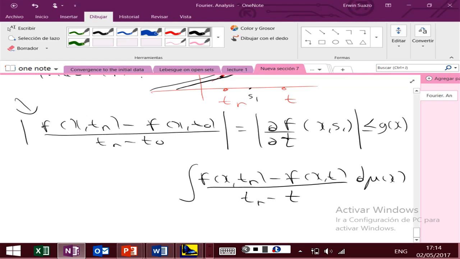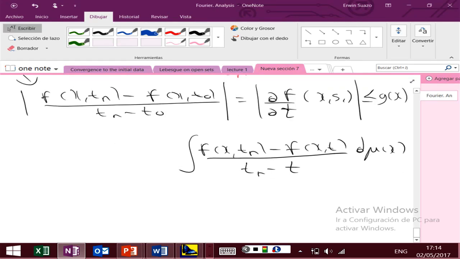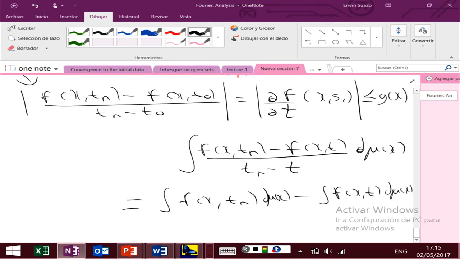Then, just for notation, to make it nicer and easier to explain, you can write this as the integral of f of x, t sub n d mu minus the integral of f of x, t d mu, divided by t sub n minus t.